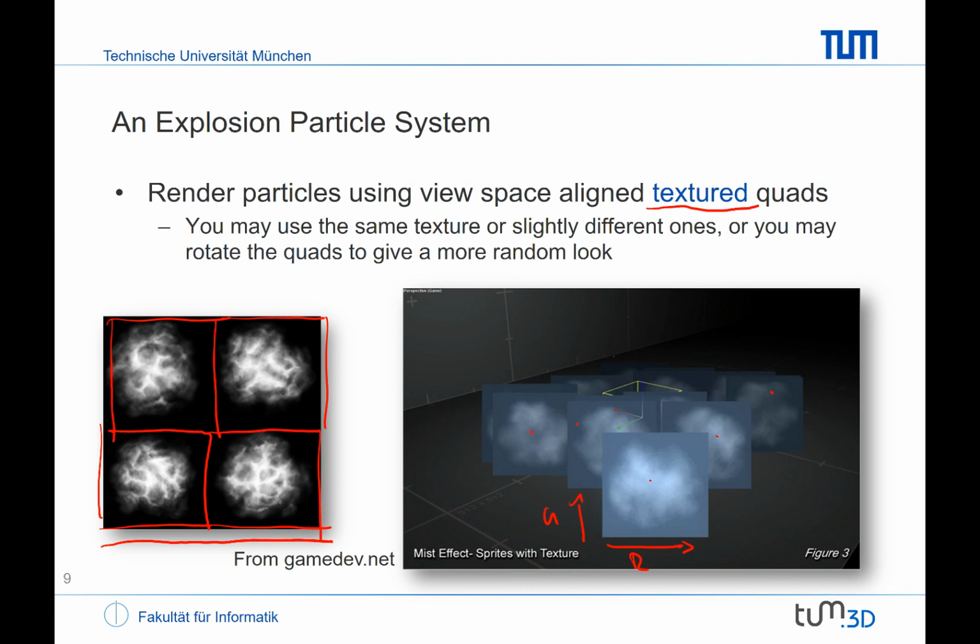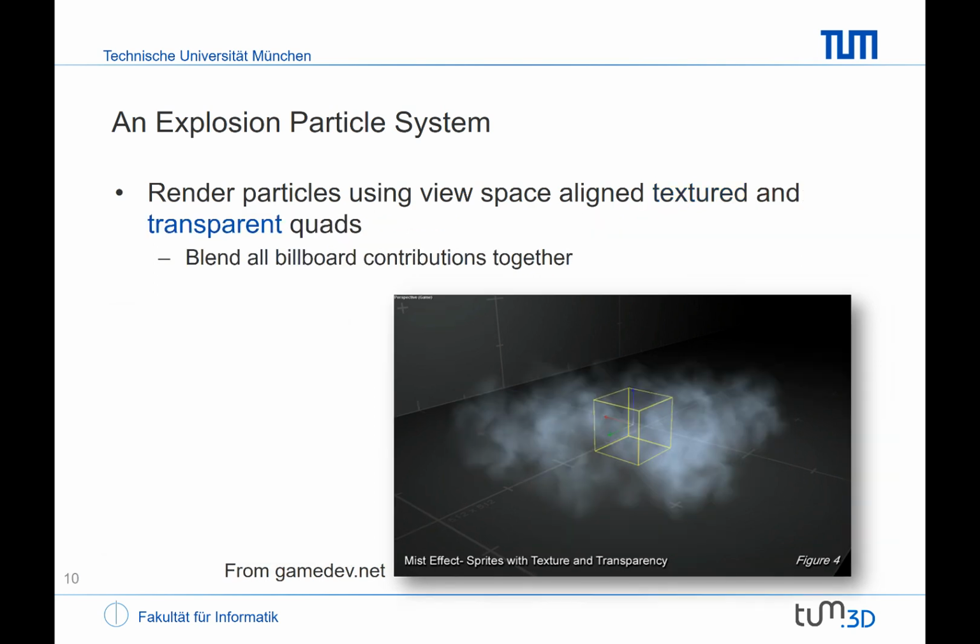And now we give them some transparency, for instance, transparency corresponding to the brightness of the texture values, or maybe you have a transparency map which you have pre-computed, which you use no matter what. Now, once you have the transparency, you can then blend the contribution of these transparent quads together, and this then gives the appearance which we see here in this image.